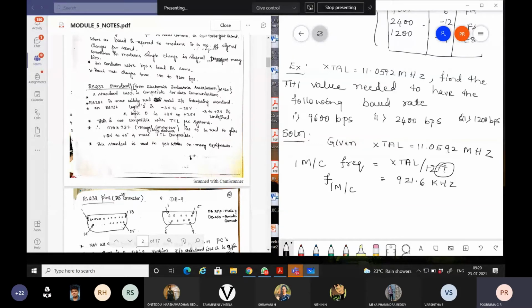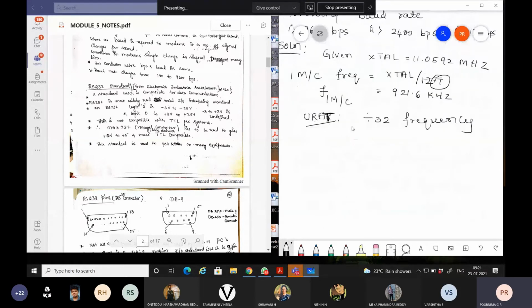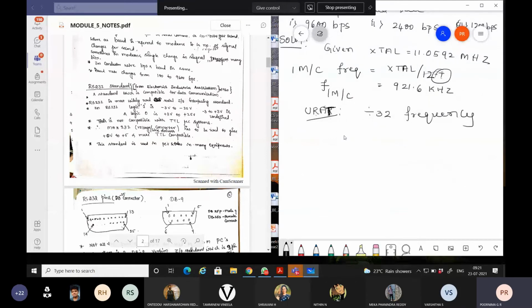When you are computing the UART frequency, UART is the Universal Asynchronous Receiver Transmitter. Whenever you are using USB or UART for serial communication transmission, the UART always expects a divide-by-32 frequency from the machine cycle.